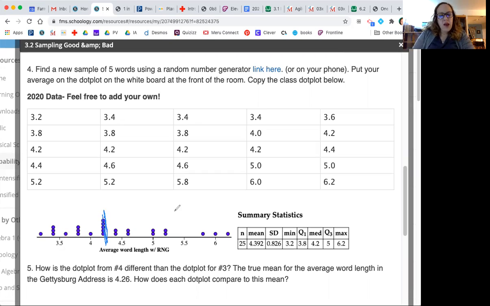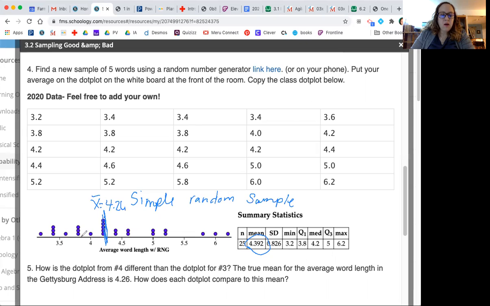Now what we can see is that using our method of a simple random sample, the mean for our data is much closer to the true mean of 4.26.